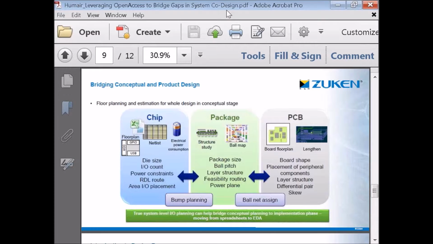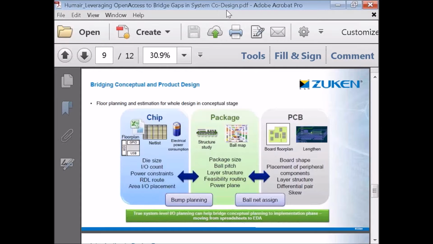And we were able to achieve that by taking the traditional data model that's on the package and board side and embedding open access within that environment so that we can very easily manage the chip level data or the interposers within these systems. So that way, whether we're talking about ball development or net assignments or managing chip shrink issues, the DFM constraints, all of that becomes seamless because it's all within one environment.